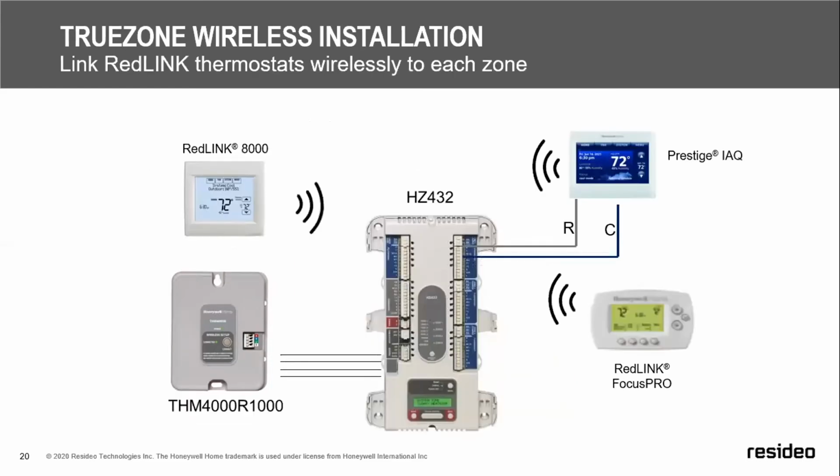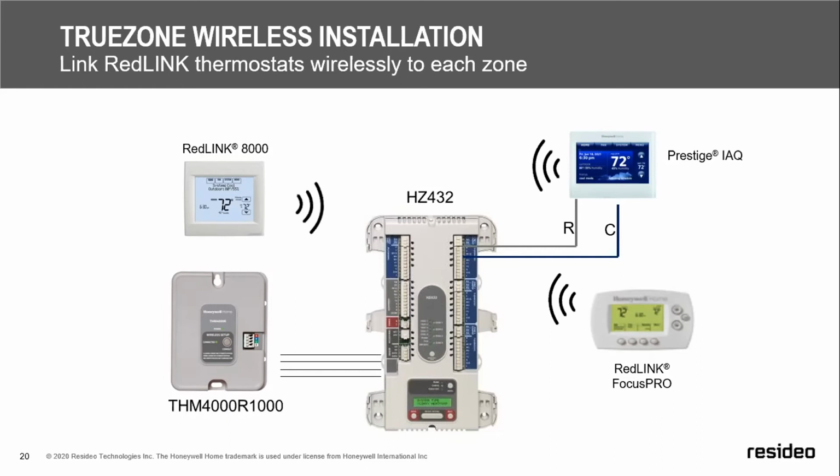Okay, next slide, please. Okay, so what we see here is all the options that you have available when it comes to the RedLINK. So as you already know, the RedLINK 8000 can be 100% battery powered, as we see here, communicating with the wireless adapter.